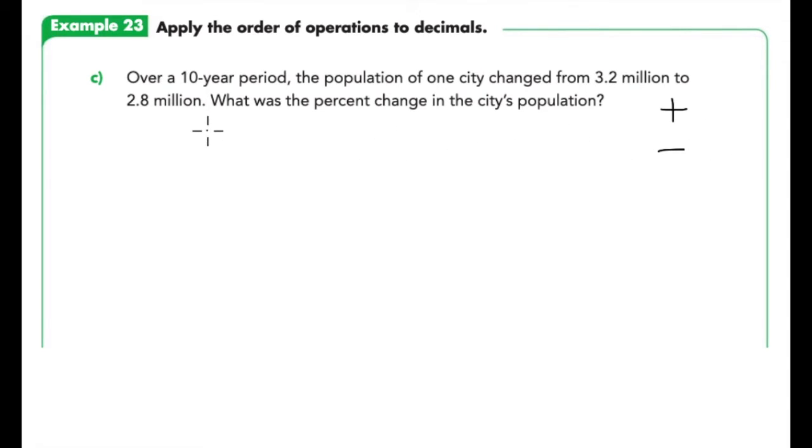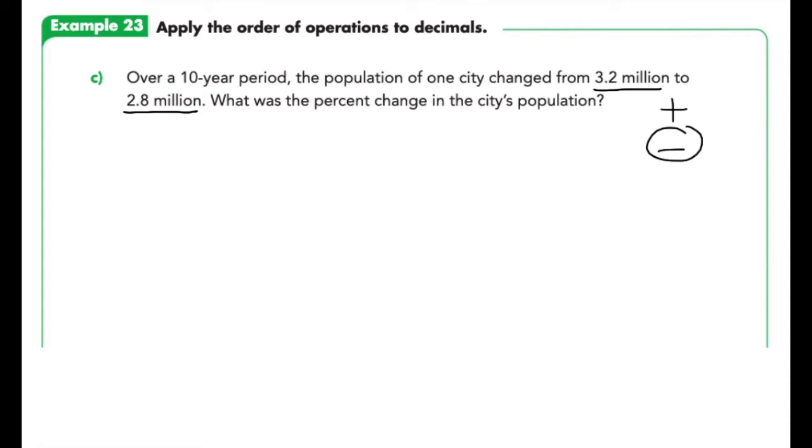So in this problem, it says that over a 10-year period, the population of a city changed from 3.2 million to 2.8 million. So the original population was 3.2 million, and it went down to 2.8 million. So we're going to end up with a negative percent change in this problem.